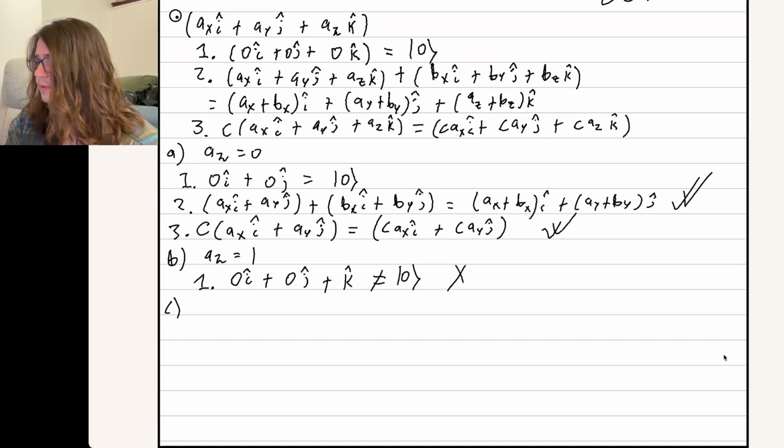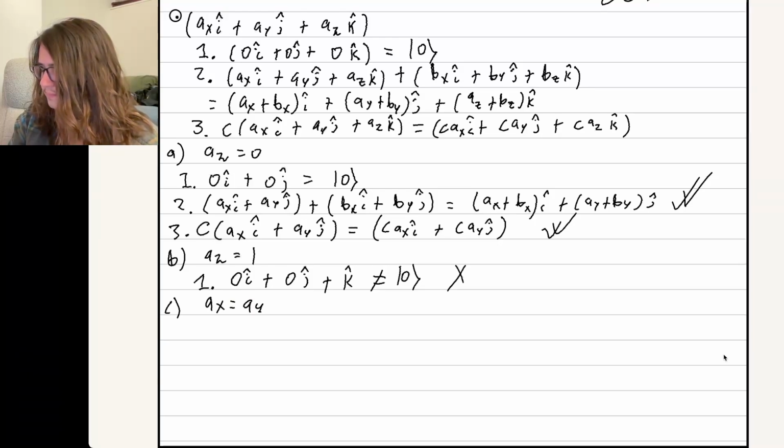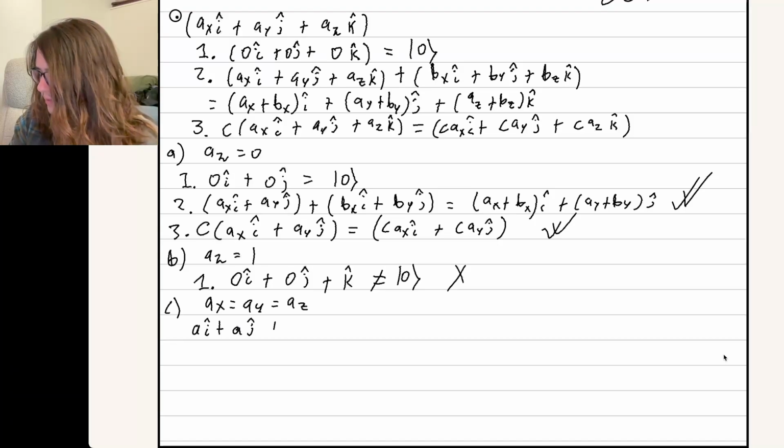The last problem that he has us look at is if all of the components of the vector are the same. So we can write it as just a i hat plus a j hat plus a k hat.